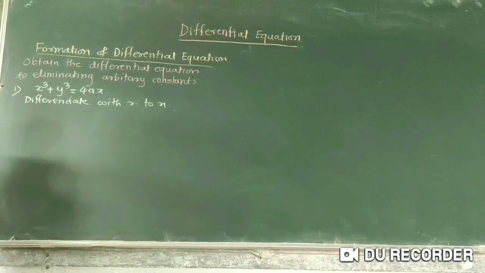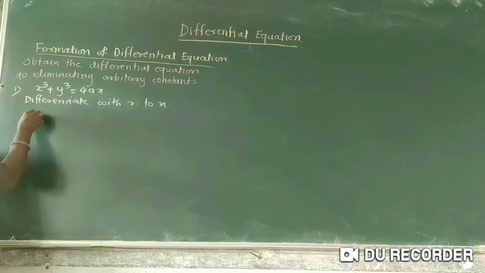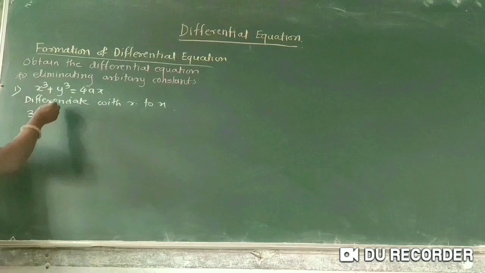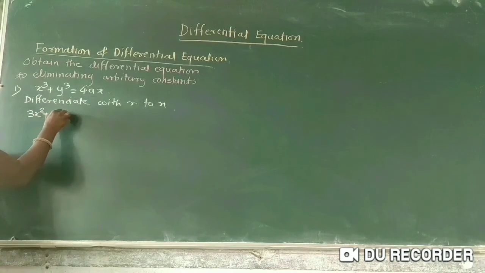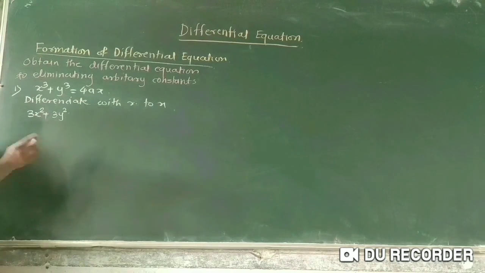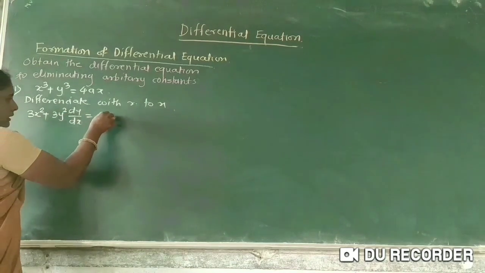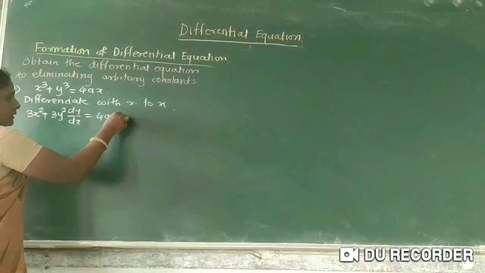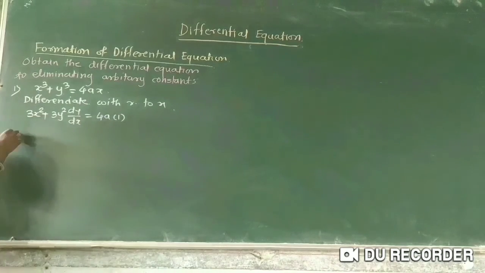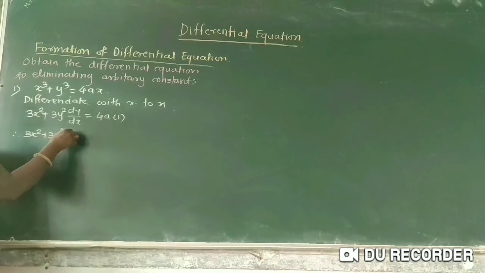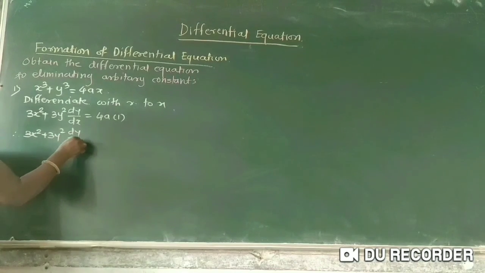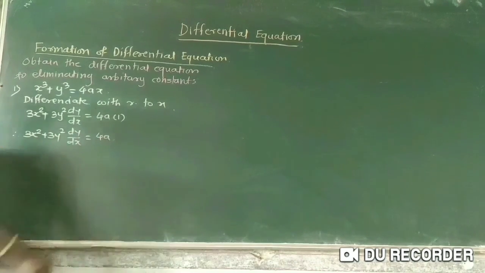It is 3x square. Similarly, derivative of y cube is 3y square dy by dx, is equal to 4a, a constant. Take this as a constant 4a, and derivative of x is 1. Therefore, we get 3x square plus 3y square dy by dx is equal to 4a.